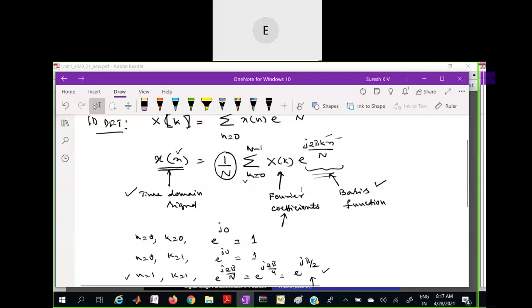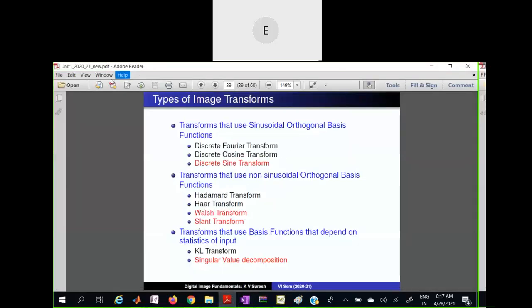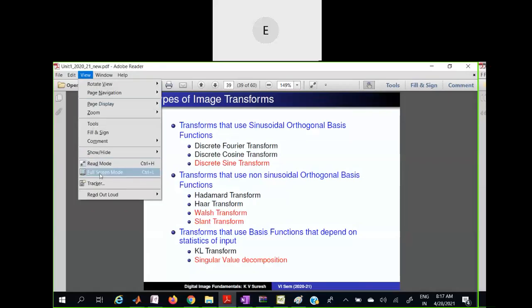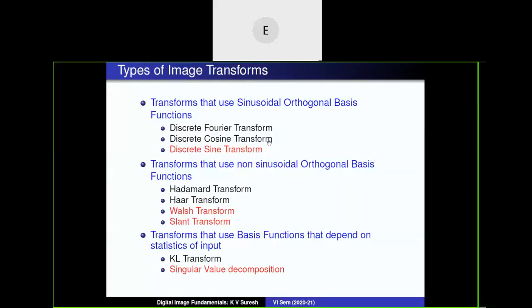I will not go beyond this, as this concept was introduced long back. What we want to understand is that, depending on which basis function I use, we classify the image transforms into different categories. The first category uses sinusoidal basis functions.